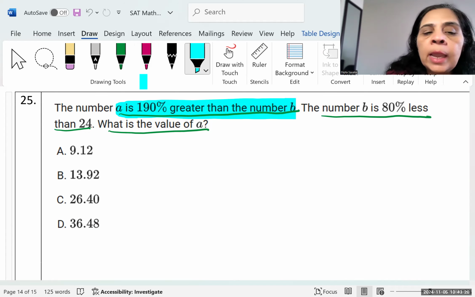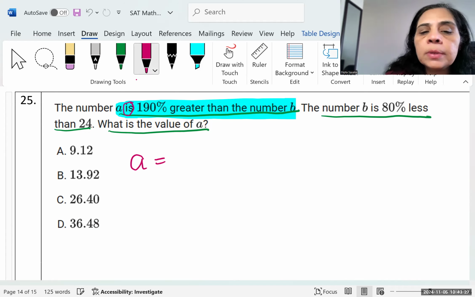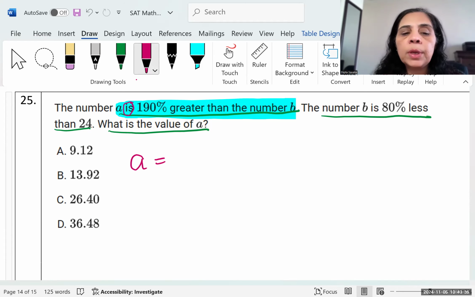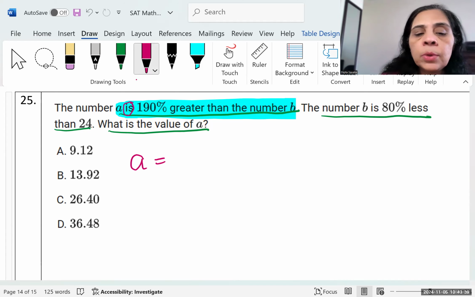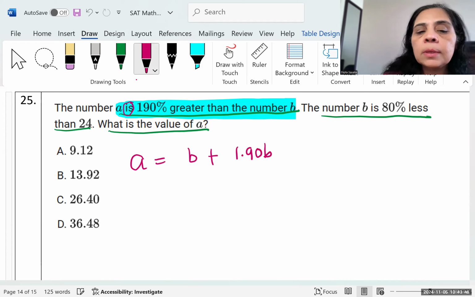A equals 190% greater than number B, right? If you convert to a decimal, you get 1.90. And it's greater than B, so you can see B plus 1.90B, because it's greater than, so we add.